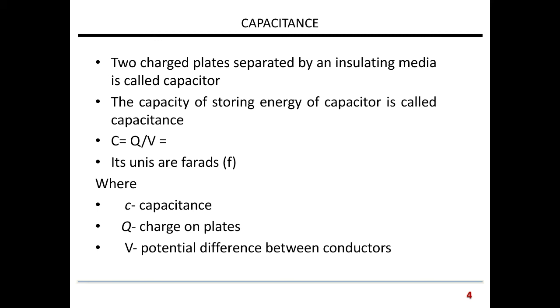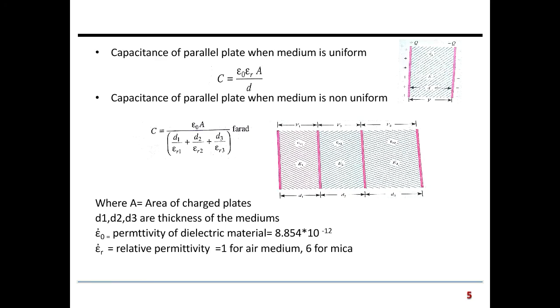Okay, now getting into the concept in detail. Capacitance of a parallel plate when the medium is uniform. We have two charged plates, one with positive charge plus Q and one with negative charge minus Q. They are separated by an insulating medium.